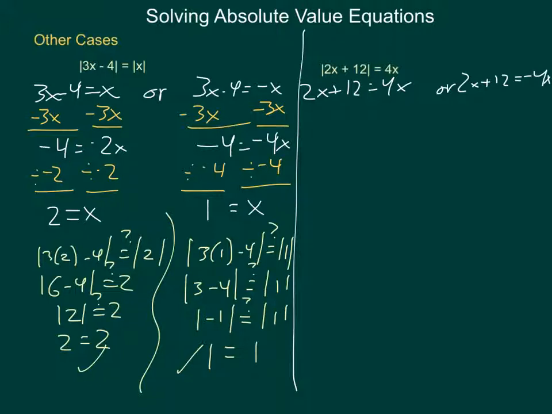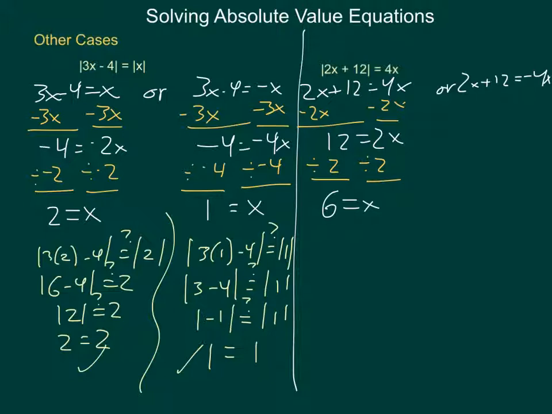Solving the left-hand side, we're going to subtract 2x from each side of our equal sign, giving us 12 equals 2x. Next, do we have any division or multiplication? Yes, we're going to divide by 2, since we had that 2 multiplier on our x, and we come out with 6 equals x.